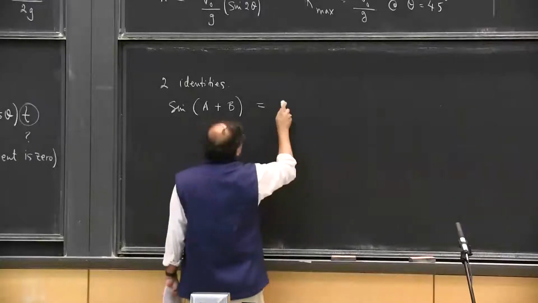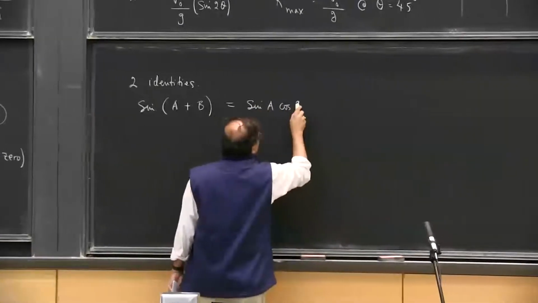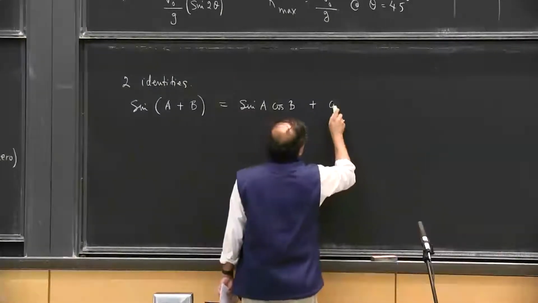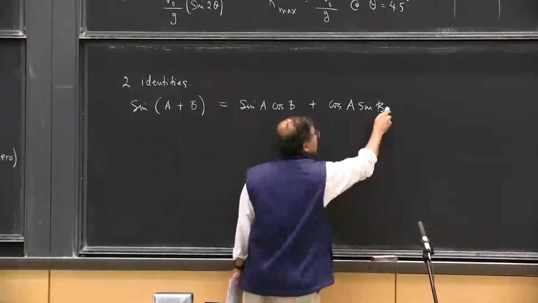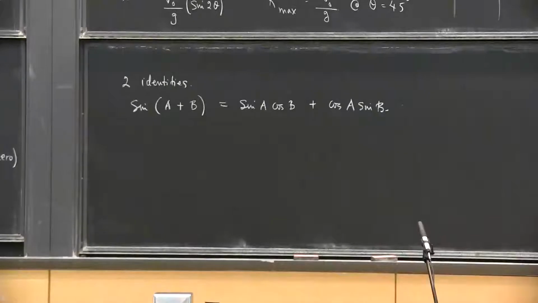Then this identity goes like this: sine A cosine B, plus cosine A sine B. Okay? This is a very important identity, and this identity you should know.